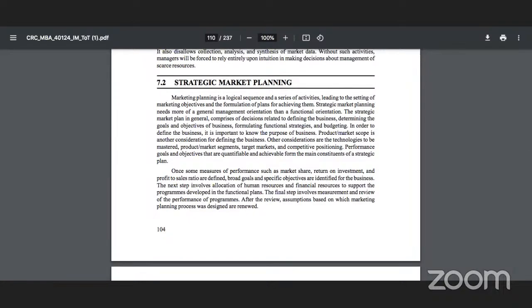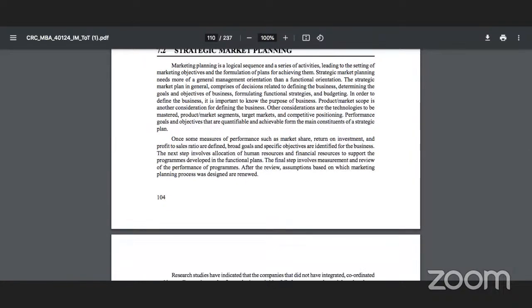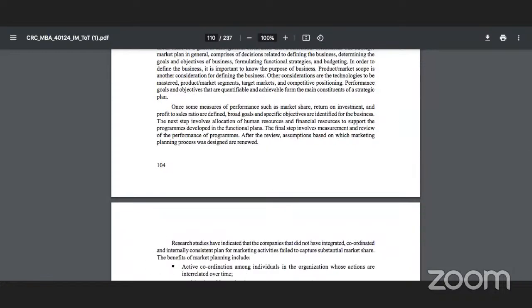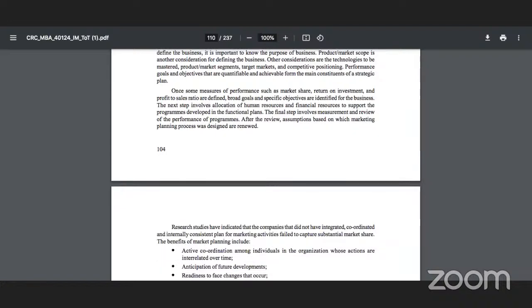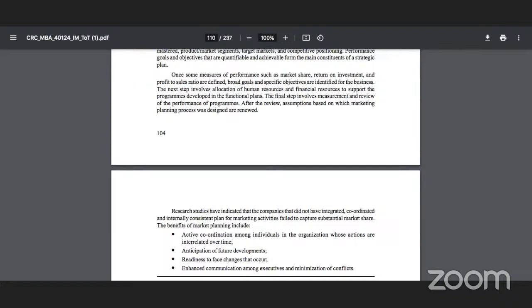So, performance goals and objectives that are quantifiable and achievable form the main constituents of a strategic plan. So, what needs to be done? At the same time, we need to understand they have to be also quantifiable and achievable. Once some measures of performance, such as market share, return on investment, and profit to sales ratio, are defined, broad goals and specific objectives are identified for the business.